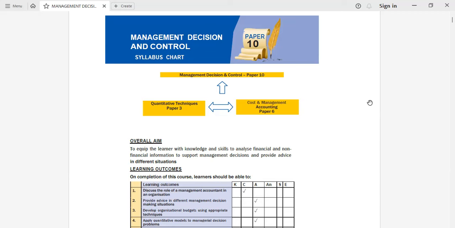The performance is not all that good, not because this paper is too hard, but you find that people just don't take it seriously. Like if someone has attended cost and management accounting, they may think they have all what it takes for them to pass the management decision paper, and they put in less focus on it. So the MDC paper is a very wide paper which needs more and more attention.